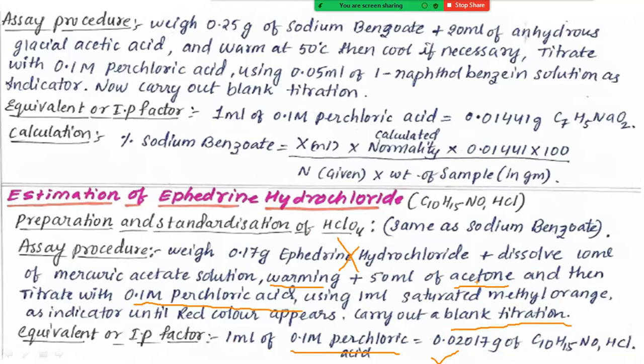Here methyl orange is used as an indicator for estimating ephedrine hydrochloride, and the color change is that the red color will disappear. When we add methyl orange, the red color is obtained initially, and after the reaction is completed, the red color disappears.